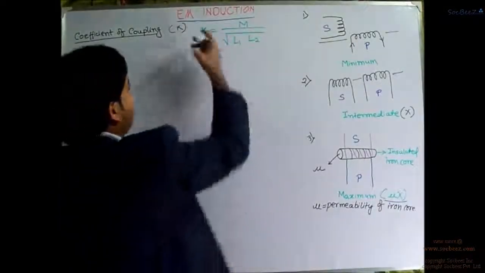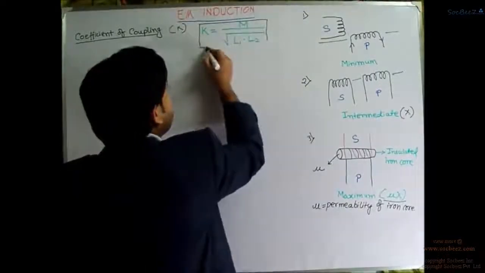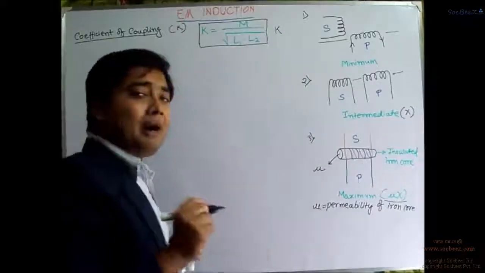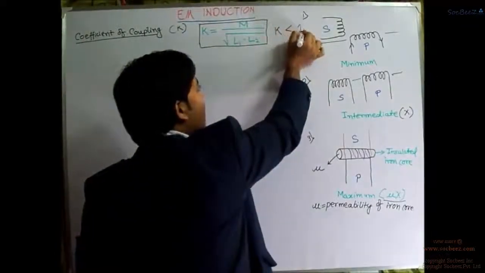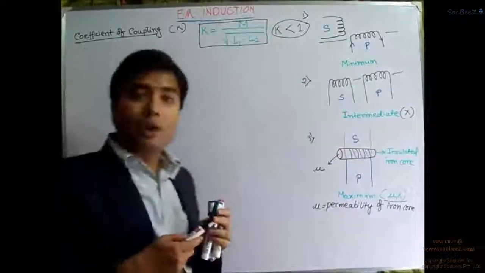So this is the value of the coefficient of coupling, but it may be noted that the coefficient of coupling is always lesser than 1, right?